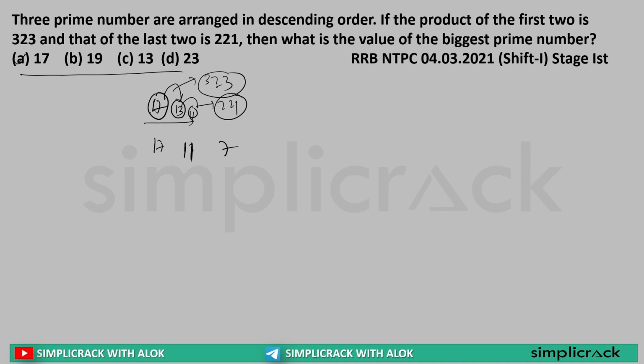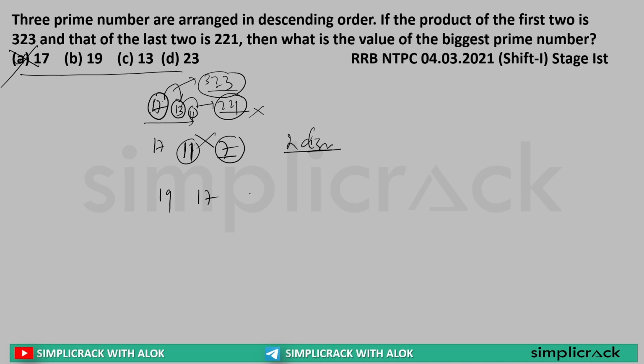If I take 17 and after that 11 or any number after 11, it will be a single-digit number. Any single-digit number multiplied by 11 will only get me a 2-digit number, so this cannot be an option. 13 into 11 is not this answer, and 7 into 13 won't be this answer. So 17 is not the right answer. Now next, sir, if I take 19, I can take 17.